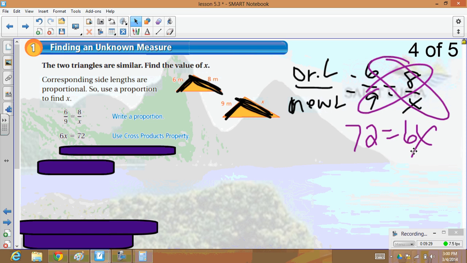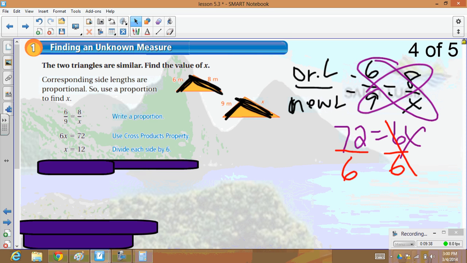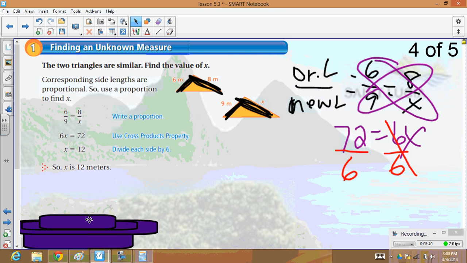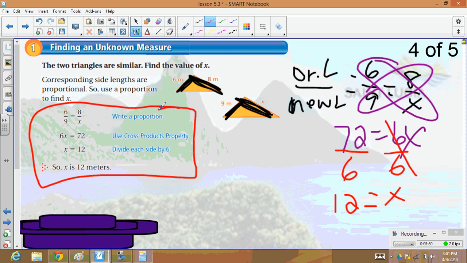So I'm going to divide both sides by 6. So these cancel. And if I divide both sides by 6, I get an answer of 12 is equal to x. Okay, and this is just the same thing that I just wrote, just neatly typed up.